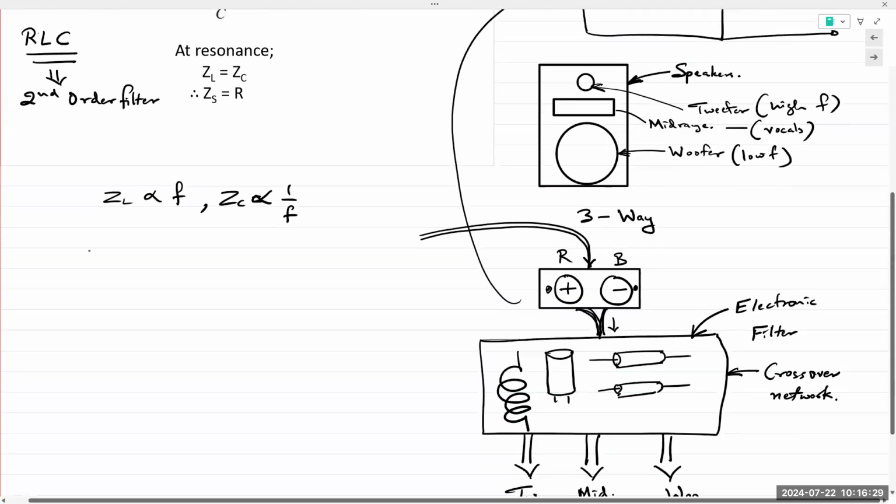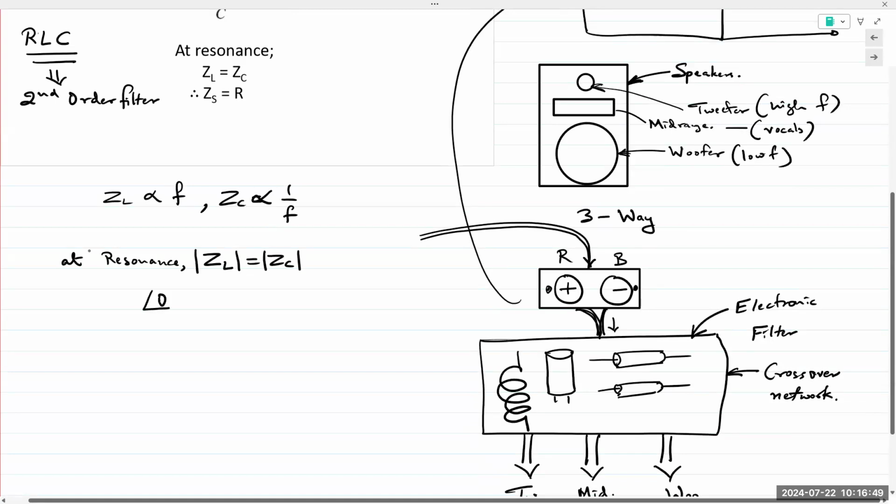So at electrical resonance, ZL would be equal to ZC, or actually the magnitude of ZL would be equal to the magnitude of ZC.